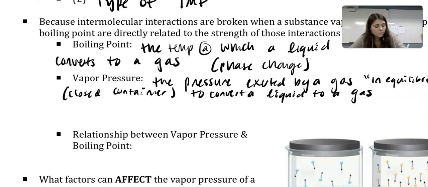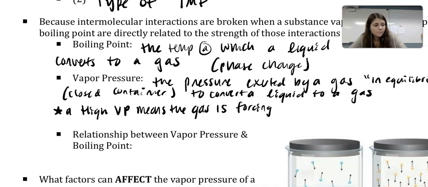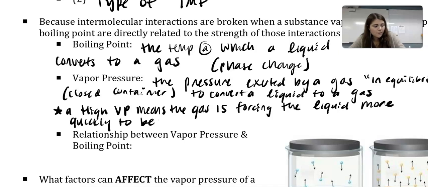I do want to note a high VP, vapor pressure, means the gas is forcing the liquid more quickly to become a gas.